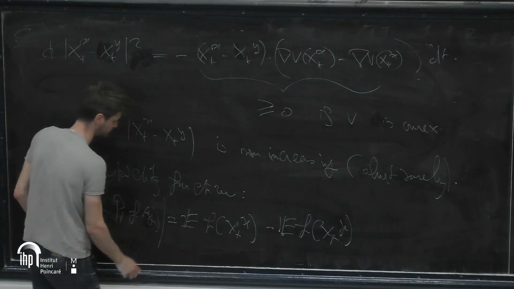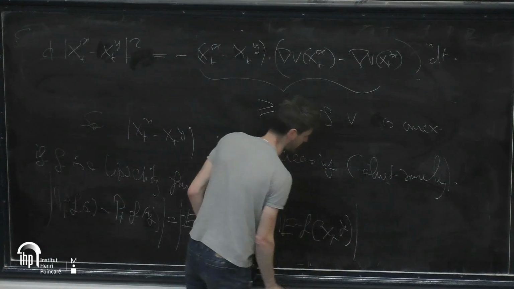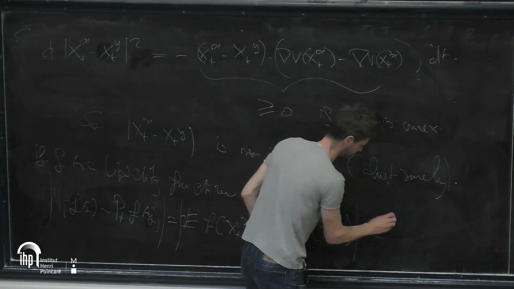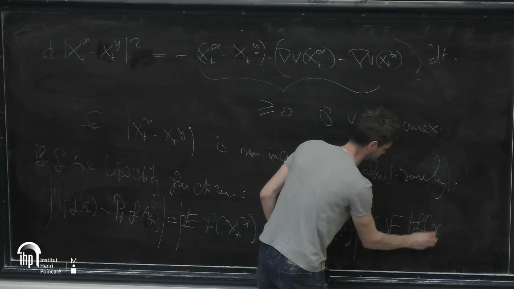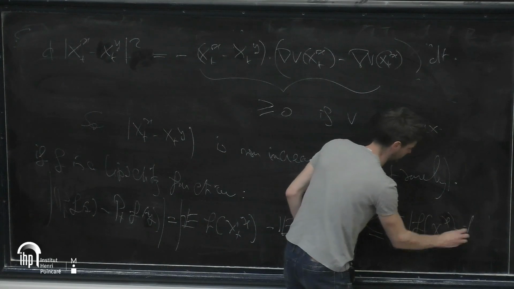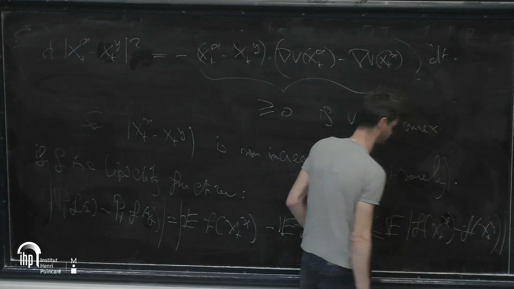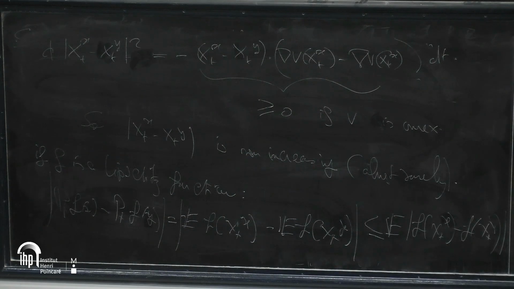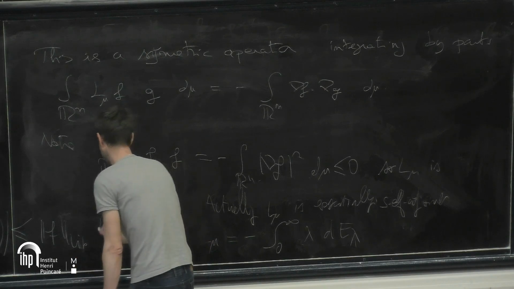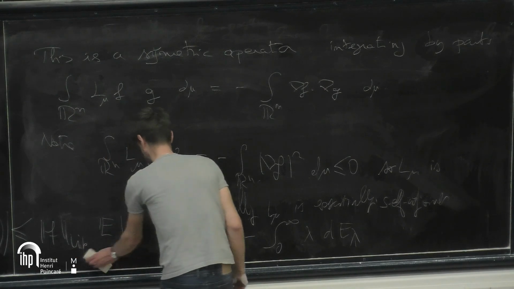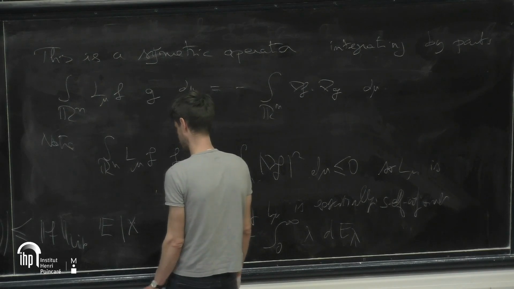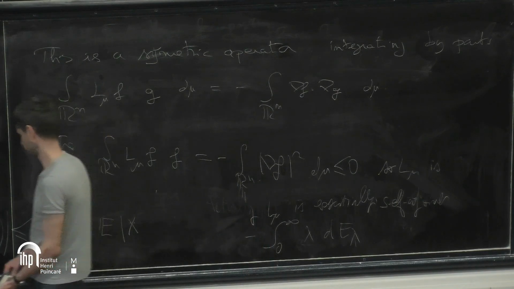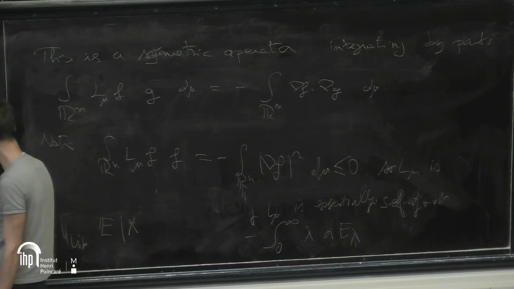Now you take the absolute value. And this is smaller than the expectation of the absolute value of f at Xt^x minus f at Xt^y, which is smaller than the Lipschitz constant of f times the expectation of the distance between these two guys.